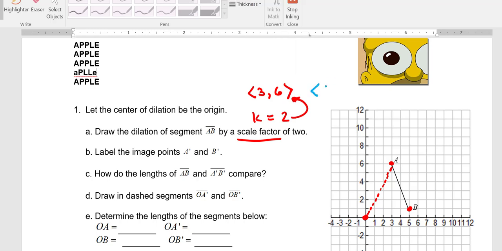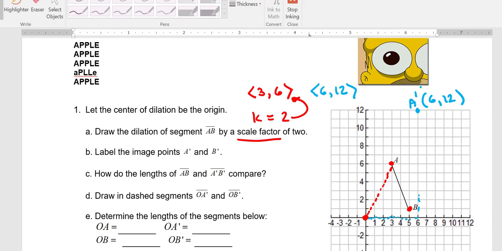So now it's going to be 6, 12. From here I'm going to go 6 in the x direction and 12 in the y direction, and I'm going to end up all the way over here. So my new point is going to be 6, 12, or that'll be my A prime.